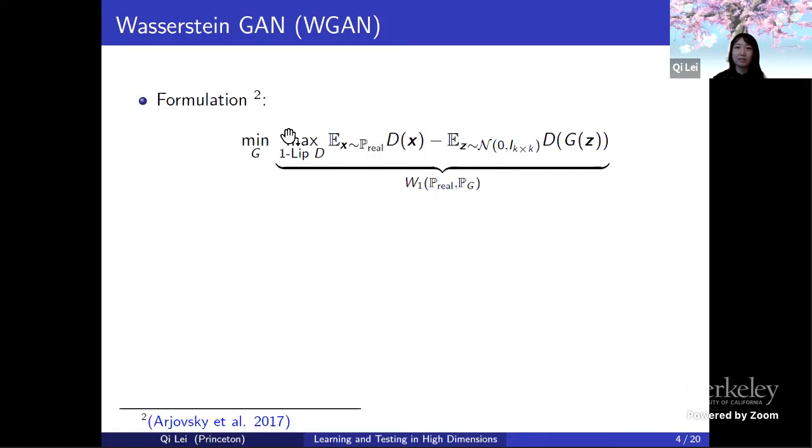As in normal GANs, it is a two-player game where the min player minimizes over the generator function, and the max player chooses among all the one-Lipschitz discriminators so that it can distinguish between the real images and the generated images.